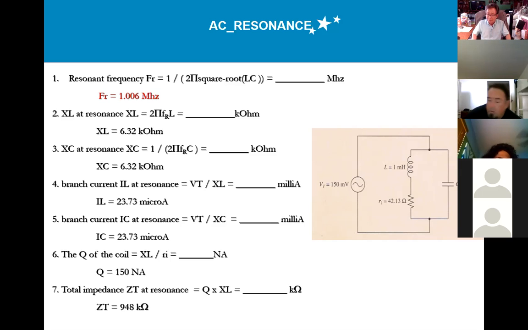Okay, what I expect you to know about this. You look at the circuitry and you need to recognize that it is a parallel resonance. That's the first thing. The second thing, in parallel resonance, which value will be maximum, impedance or current? Impedance.